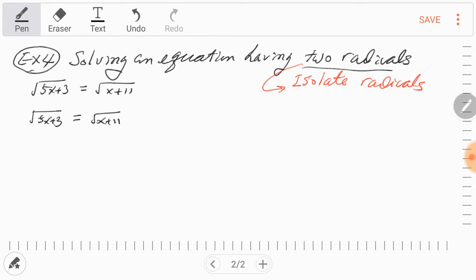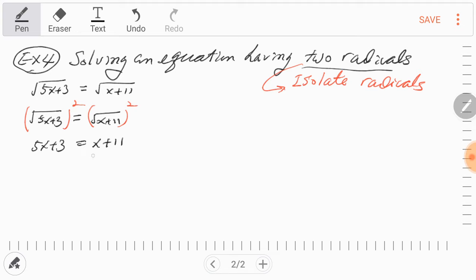In this case, this is a square root, so why don't we square each side? Then 5x plus 3 is equal to x plus 11, so we can get rid of the square root. Then simplify this and solve for x.